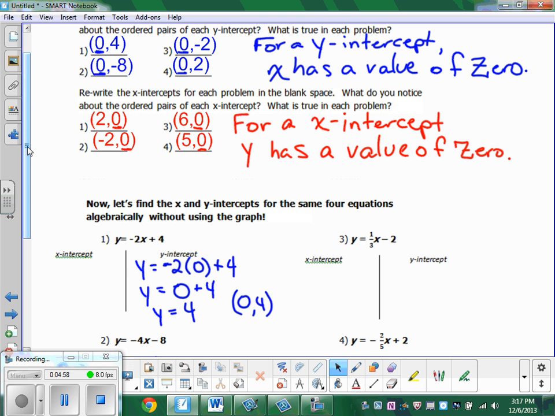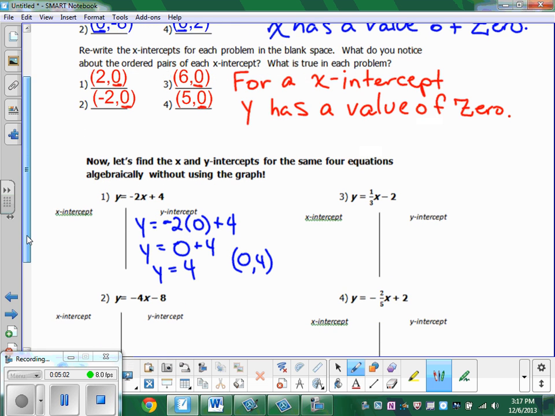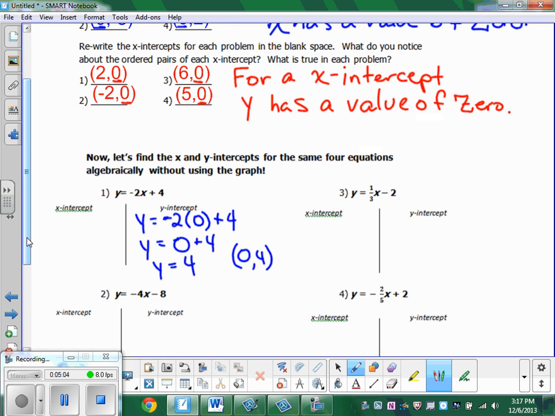We can do the same thing for our x-intercept. But in this case, instead of putting 0 in for x, we are going to put 0 in for y. This is a little bit more involved because now we have ourselves a two-step equation.